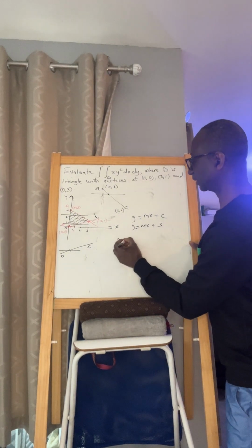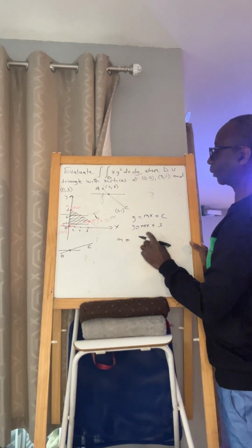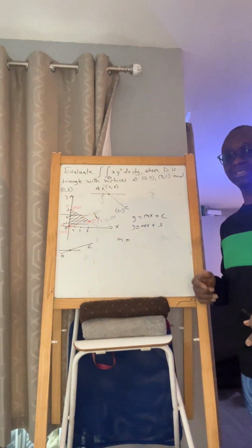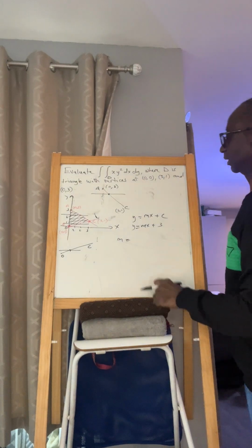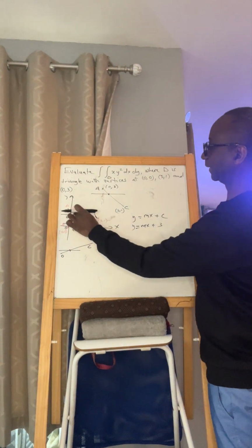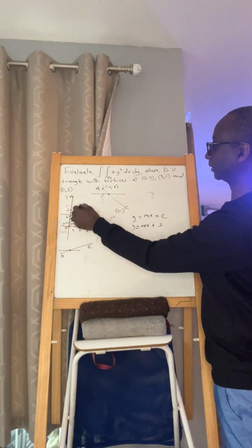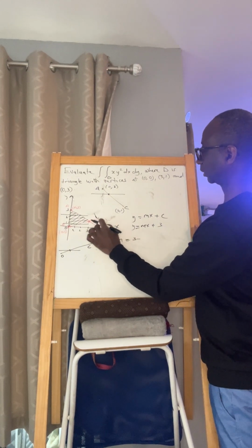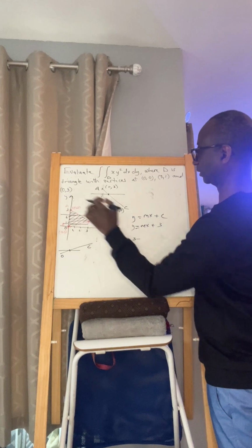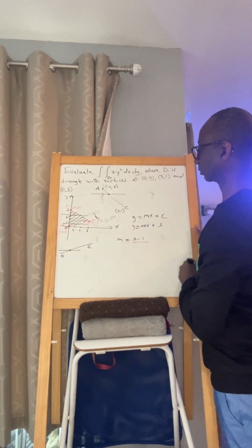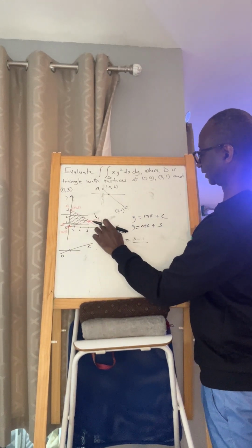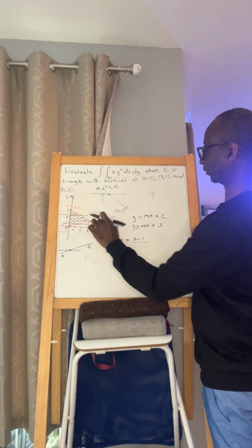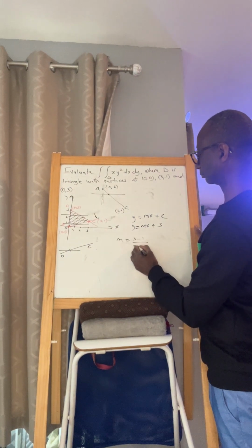m, the gradient, is equal to the increase in y all over the increase in x. We normally say the rise over the run. So the increase in y is 3 minus 1, and all over, the rise is from 0 to 3, minus 3.